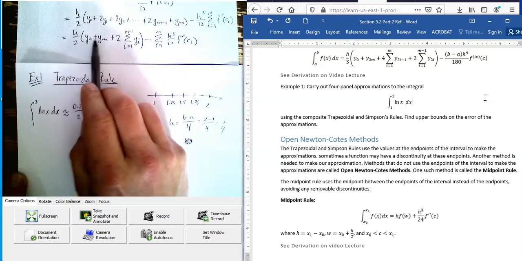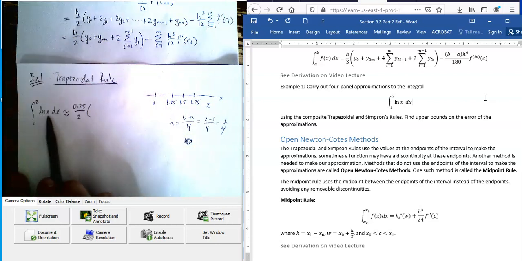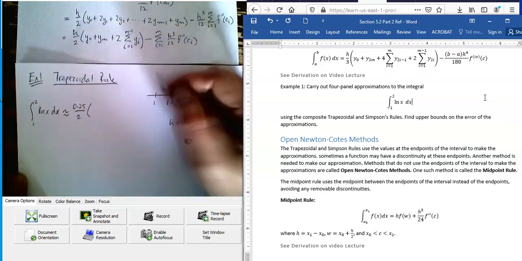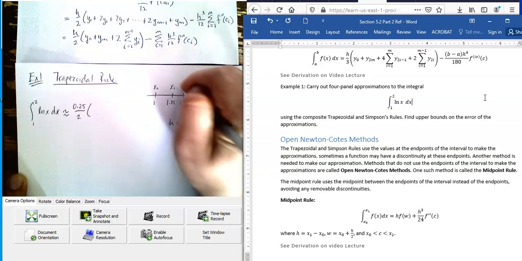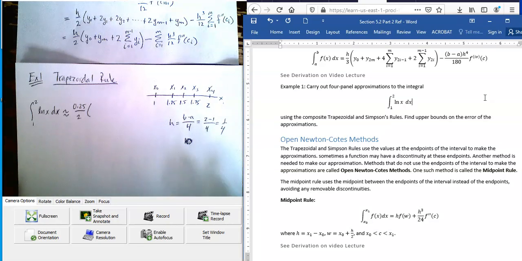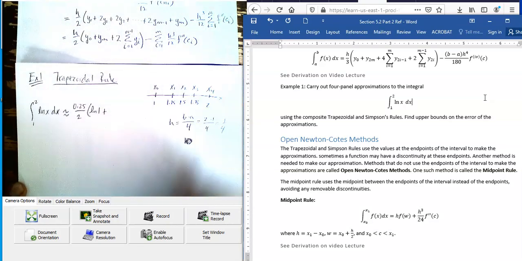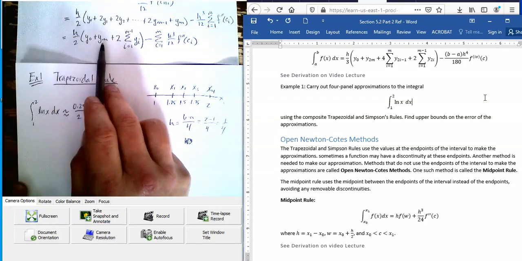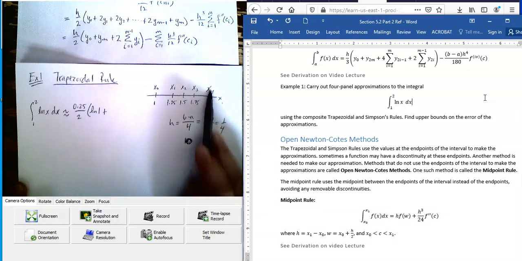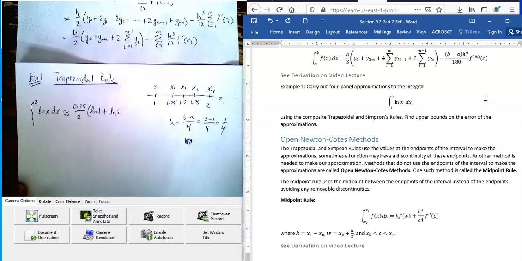times y naught plus y sub m. Well, y naught would be the function evaluated at x naught. That's this guy here. This is x naught, x1, x2, x3, x4. So it would be the natural log of 1 plus y sub m, the function evaluated at the other endpoint, which would be natural log of 2.